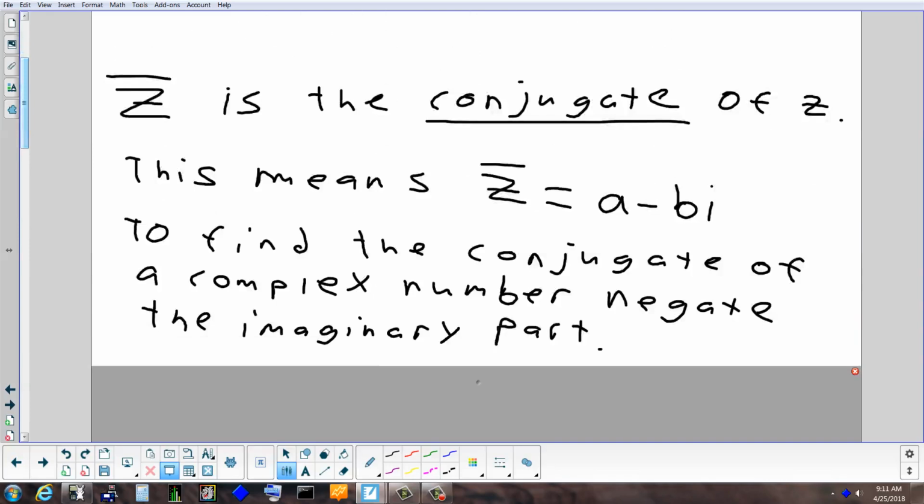So to find the conjugate of a complex number, all you have to do is negate the imaginary part. Negate means change the sign of. Just a shorter way of saying that. If that word confuses you, you can just write it out. To find the conjugate of a complex number, change the sign of the imaginary part. And that's it.